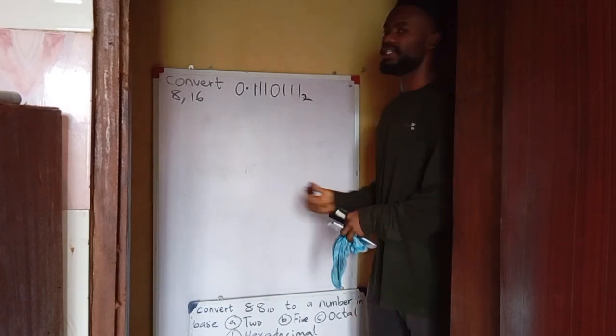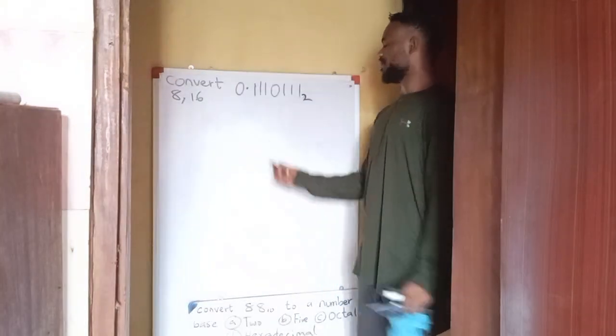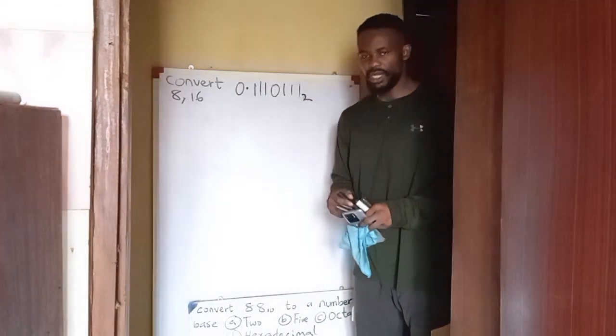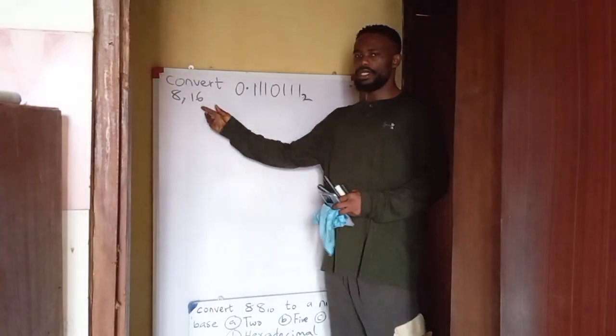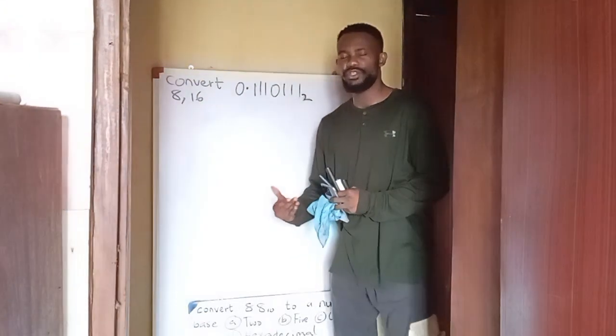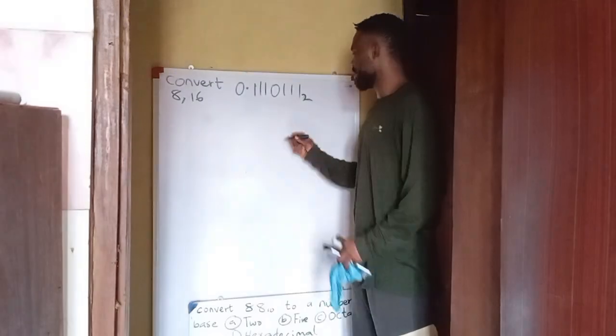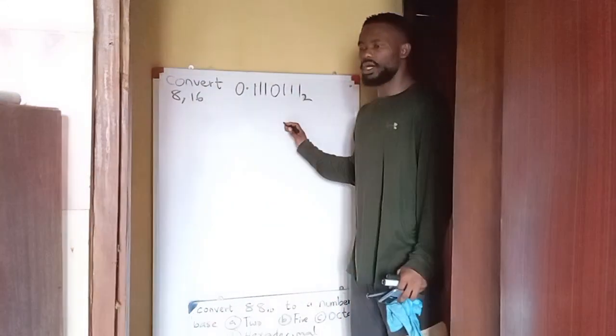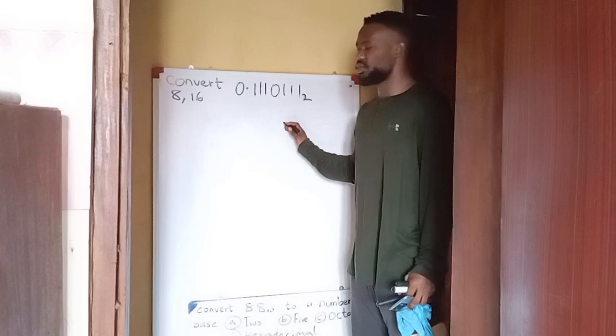So let's try to convert this to hexadecimal. The hexadecimal number system is the same thing as having base 16. So whenever I'm converting from binary to hexadecimal, I'll simply ask how many places will you have 2 in order to get 16?